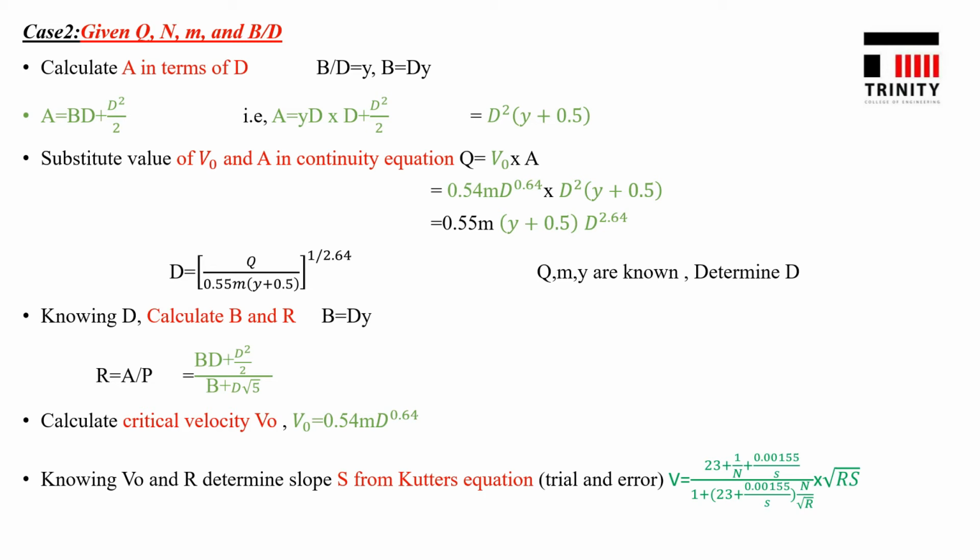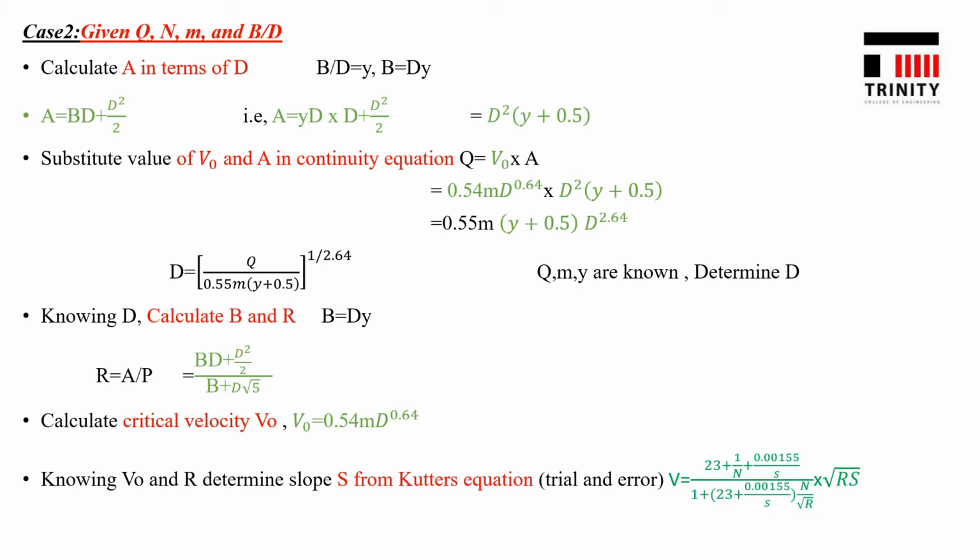Then we can substitute the value of V0 and A in the continuity equation, that is Q is equal to V0 into A. Substitute V0 equals 0.54 m d raised to 0.64 and area as d square into y plus 0.5. On simplifying the equation, we get Q as 0.55 m into y plus 0.5 d raised to 2.64.